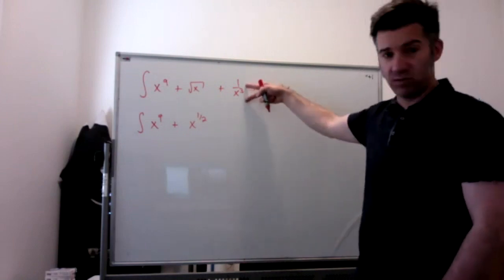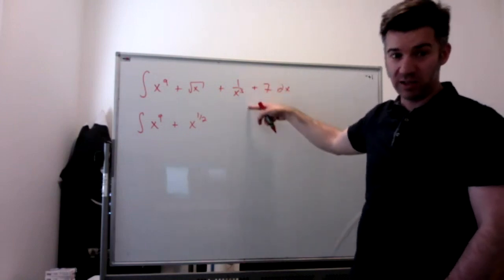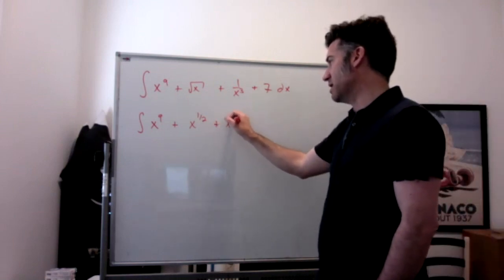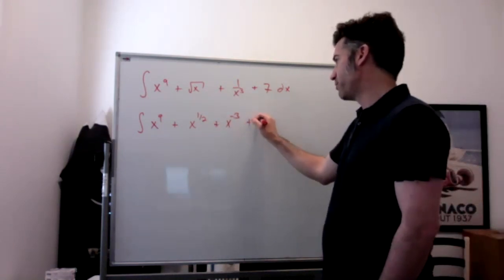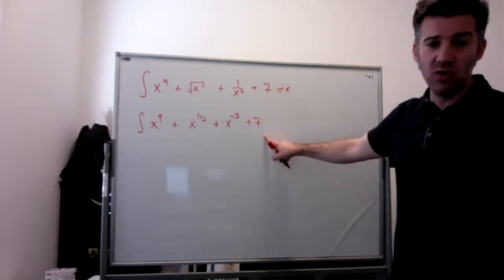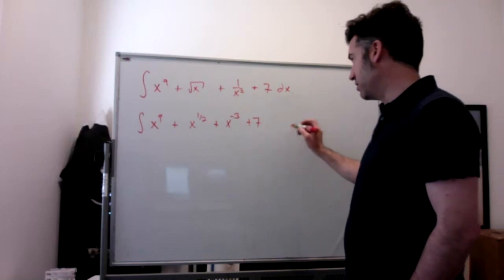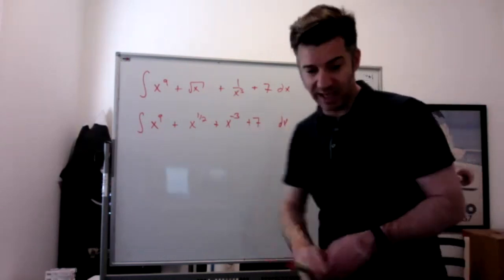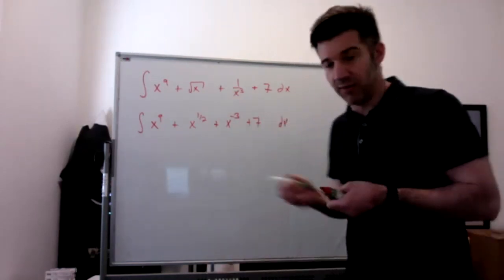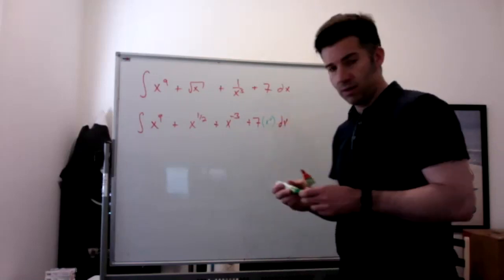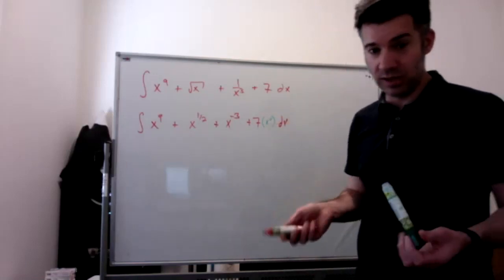Because you don't just have x to a power, you have 1 over x to a power. We really, really need to rewrite this as x to the -3. 7, you could write, if you really, really wanted to, as 7 times x to the 0th. I think that's kind of not necessary, but we totally could. I'm going to talk about how you don't need to in a second.